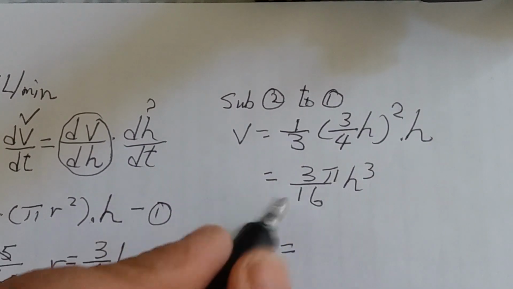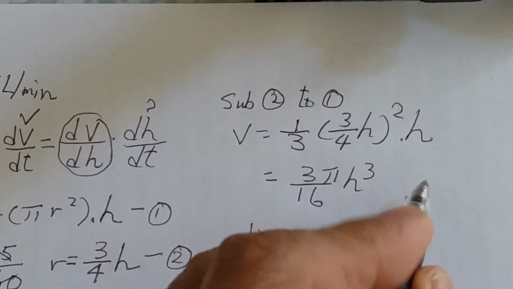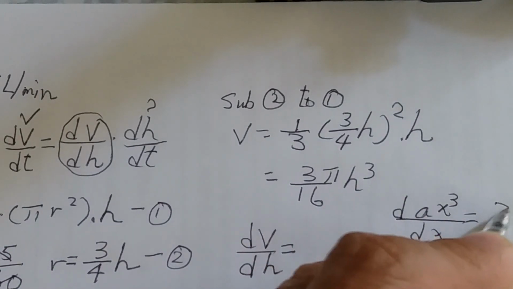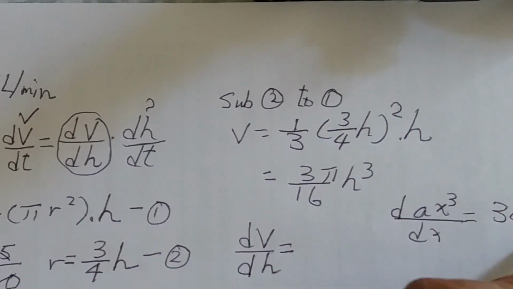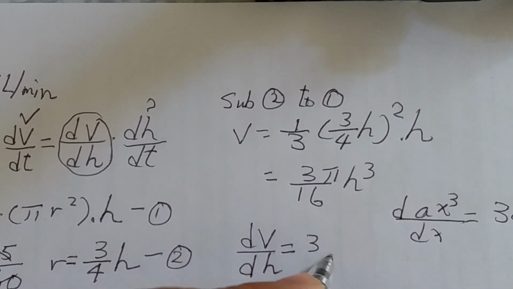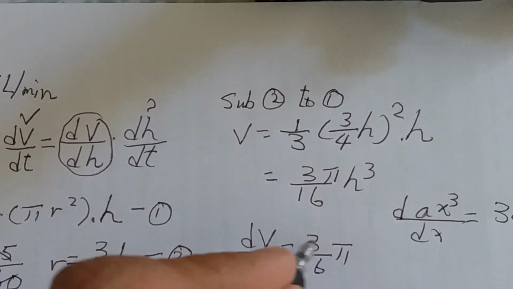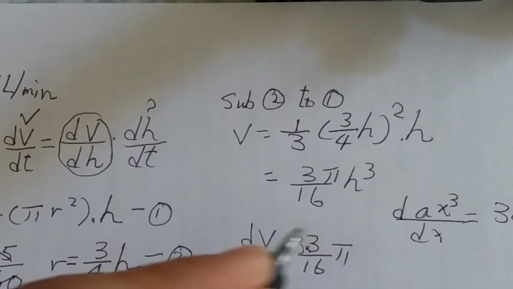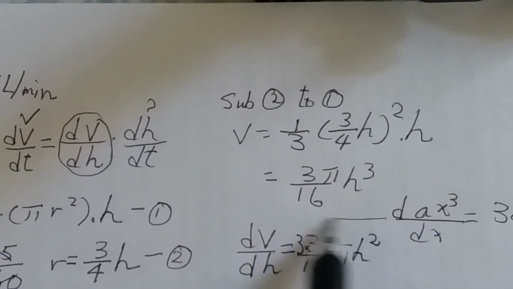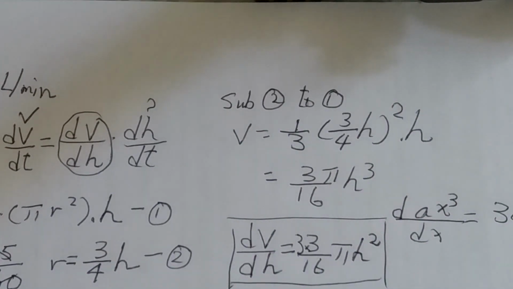For differentiating, let's say ax cubed, you have 3ax squared. Remember that. So exactly the same thing happens over here. So you have another 3 times 3, and then you have the h squared. Now I have a perfect equation for dV/dh.